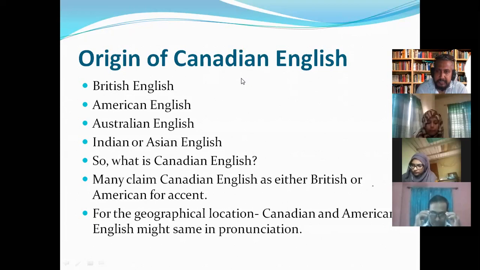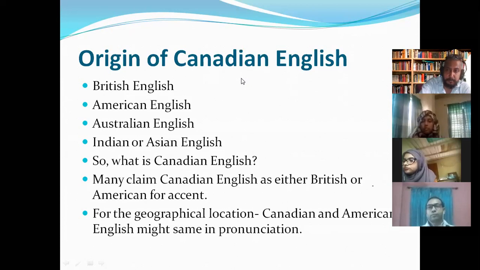So in Canadian English, you will see the pronunciation pattern and vocabulary similar to British English, American English, and some will say the English of Spanish or other European countries. So we will try to find the answer. How does Canadian English look?